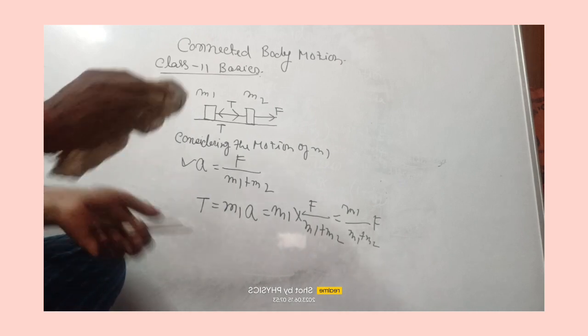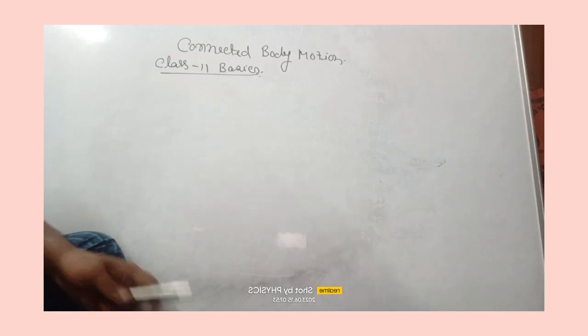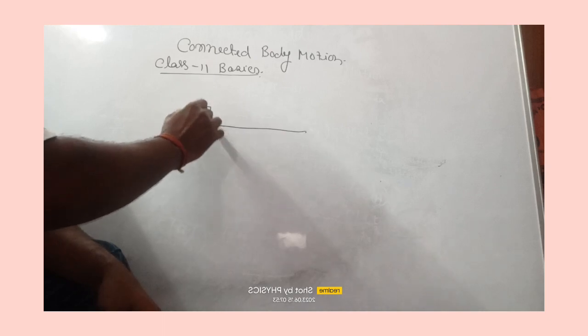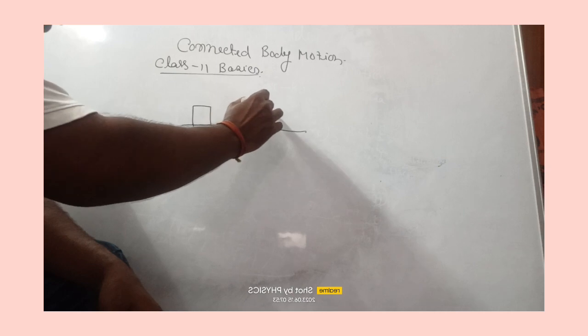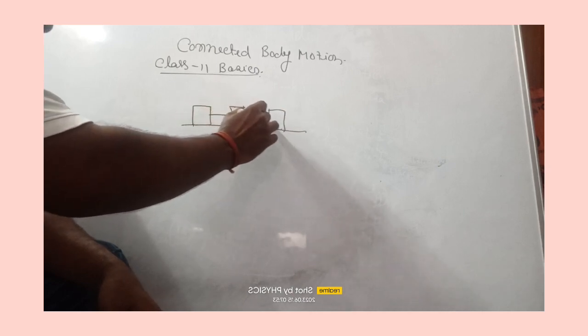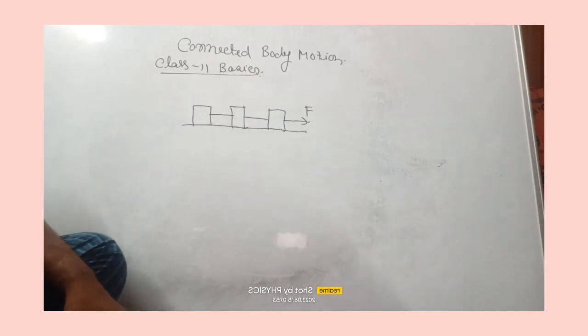Now let's move to the three body system. Let us consider the three blocks 1, 2 and 3. They are connected by strings and a force capital F is applied in the rightward direction.